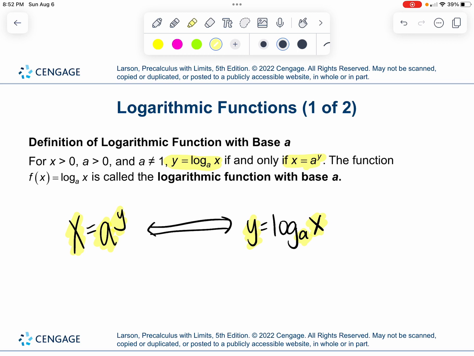The log function was introduced in order to undo an exponential function, or in this case, rewrite it. As we go through the different examples and ways to use a log function, I'll be referring to this a lot, going back and forth between these forms. If you have a log equation, you can rewrite it and it's the same equation in exponential form, and vice versa.